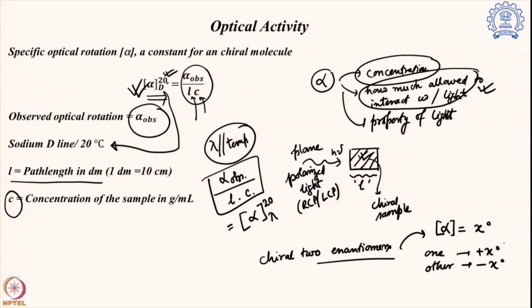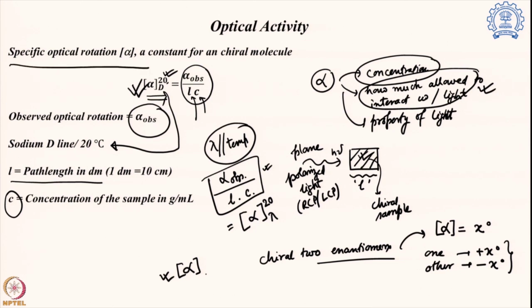So that is why by taking a sample and measuring the optical rotation, and if we know the concentration and path length, we can figure out what is the standard or specific optical rotation value.